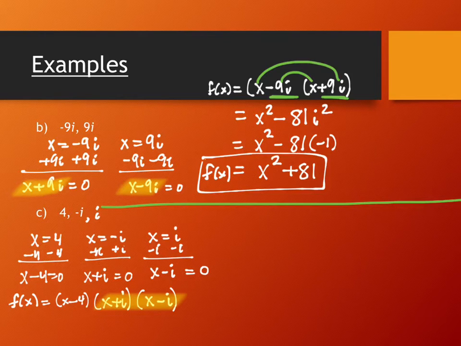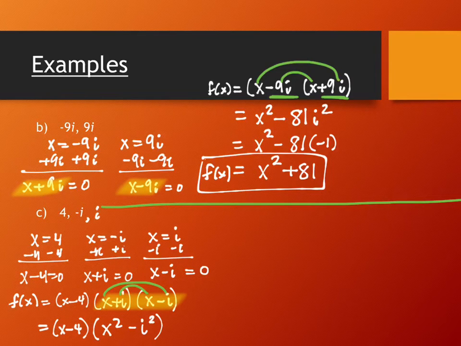So I have the x minus 4 at the beginning, and then I have x squared here. But the conjugate pairs show that the inner and the outer terms match, right? But with opposite signs, so they will be 0 when added. And then I have negative i squared.